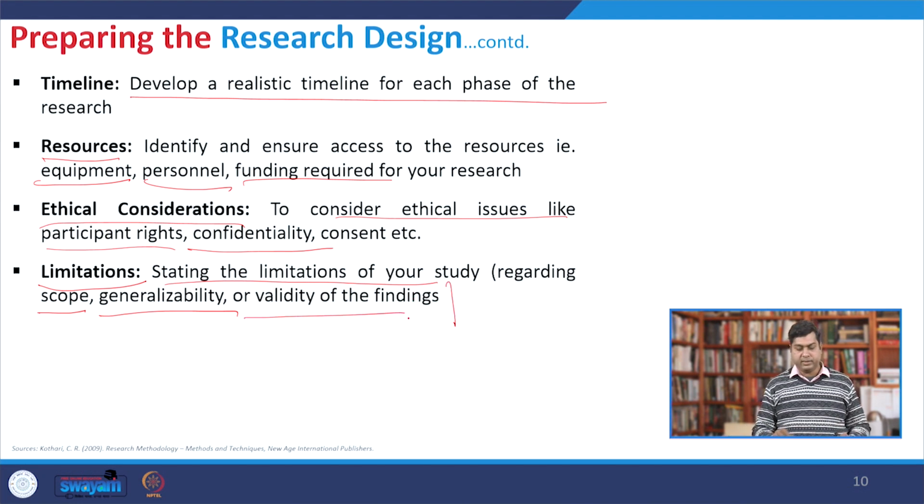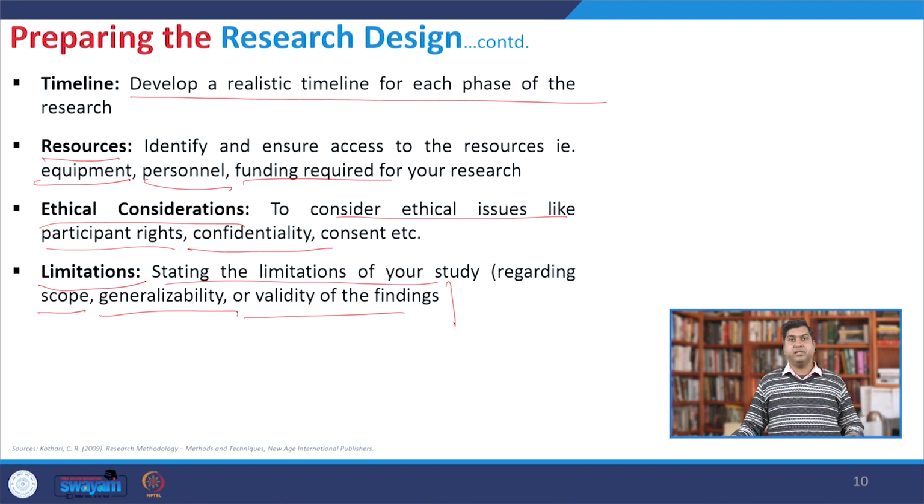In the entire thing, you have to limit your research and state it very clearly that, okay, this is out of scope. That definitely needs some deliberation and discussion with your co-researcher and your supervisors, so that you will know that, okay, this is a true limitation of your research.